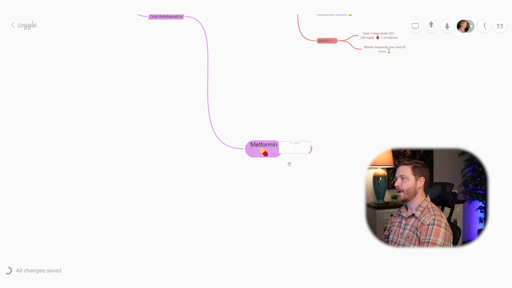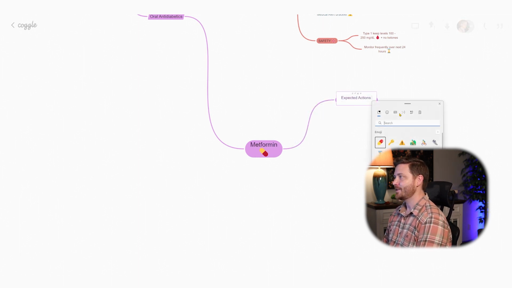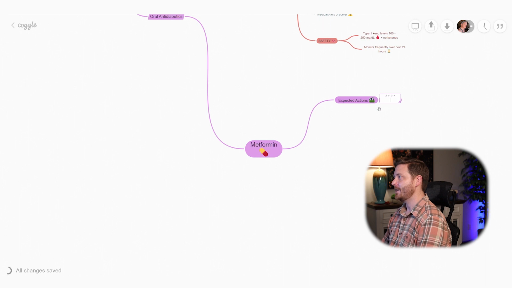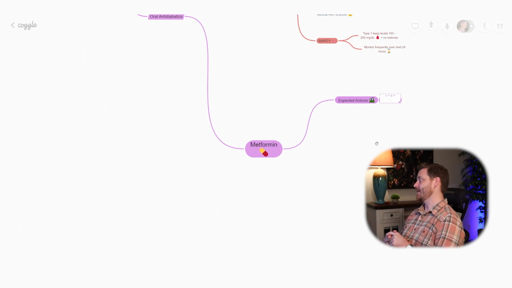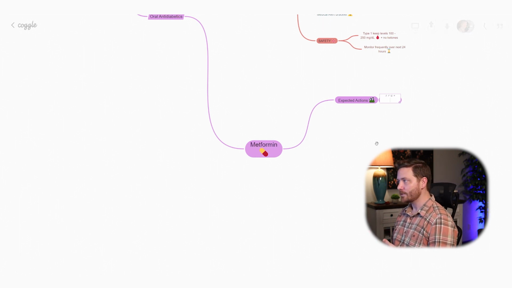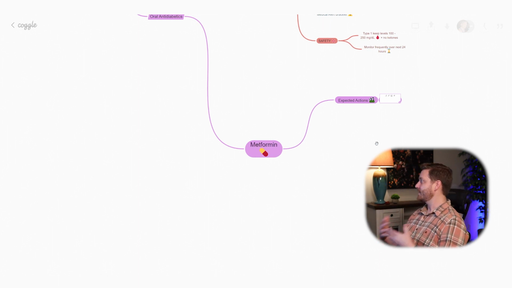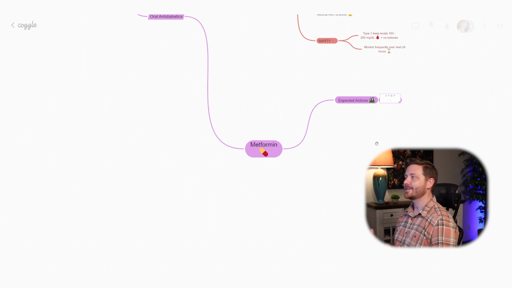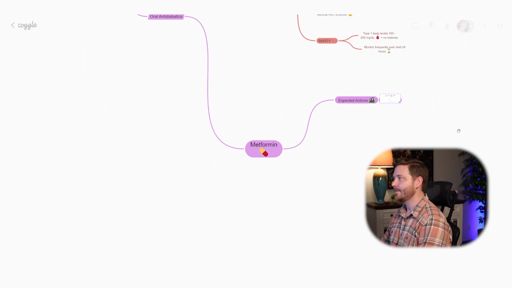Let's start off with a branch with its expected pharmacological actions. So let's just put expected actions up here. And the word actions just kind of makes me think of film, so we'll put an action there. And so we know that it's got 3 expected actions. That's decreasing the absorption of glucose in the intestines, decreasing synthesis of glucose by the liver, and lastly, it increases insulin sensitivity.